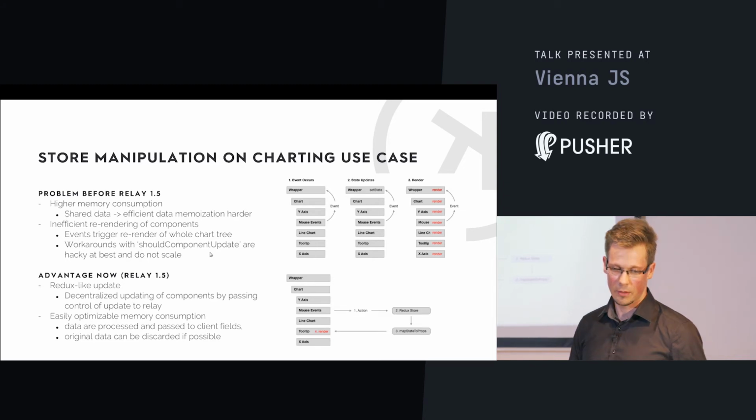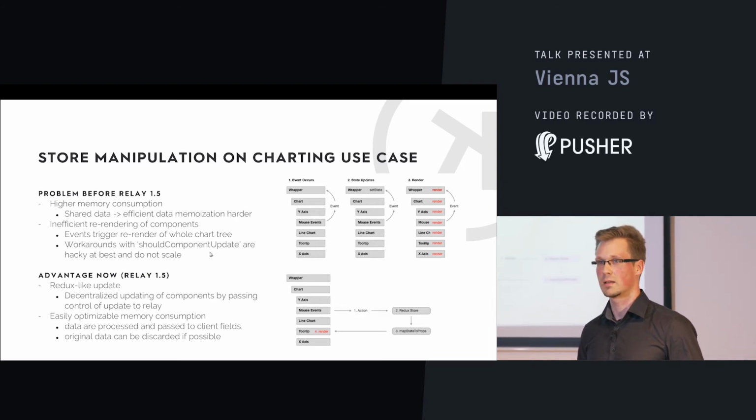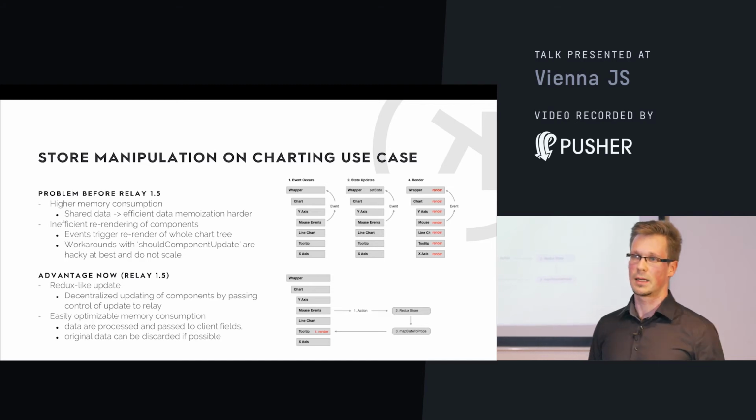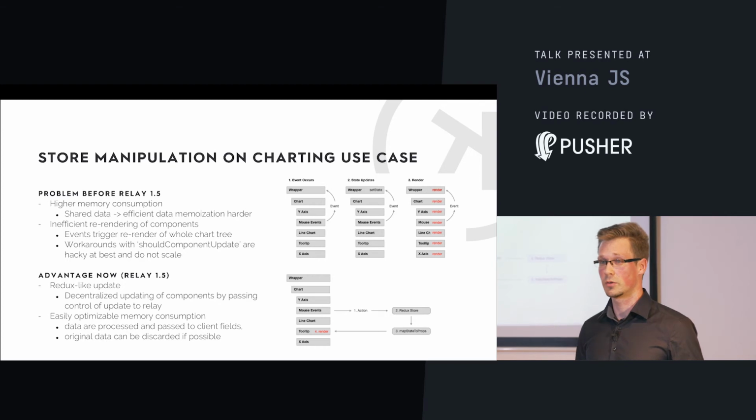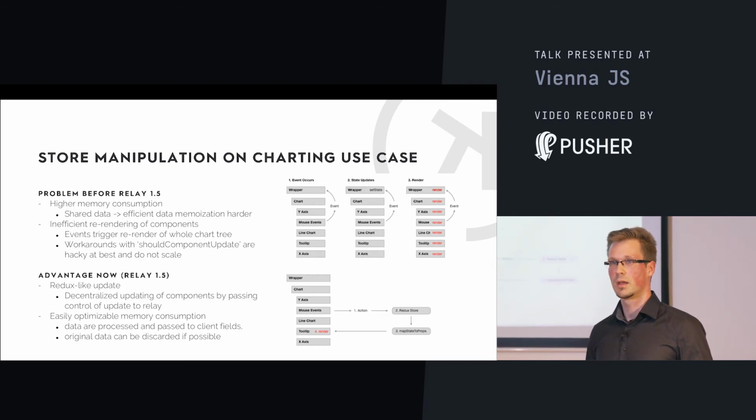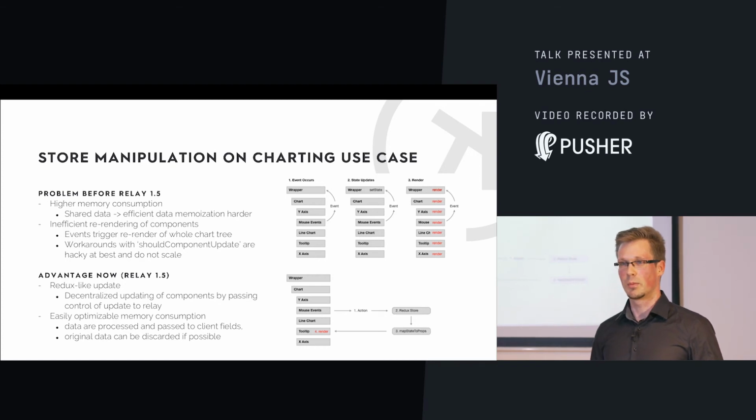If you do that consistently, you can do that with Apollo, you can do that with Redux, but now you can also do it with Relay. And I think there's an advantage in doing it with Relay now, because it's much easier to work with, because it's basically no boilerplate anymore.